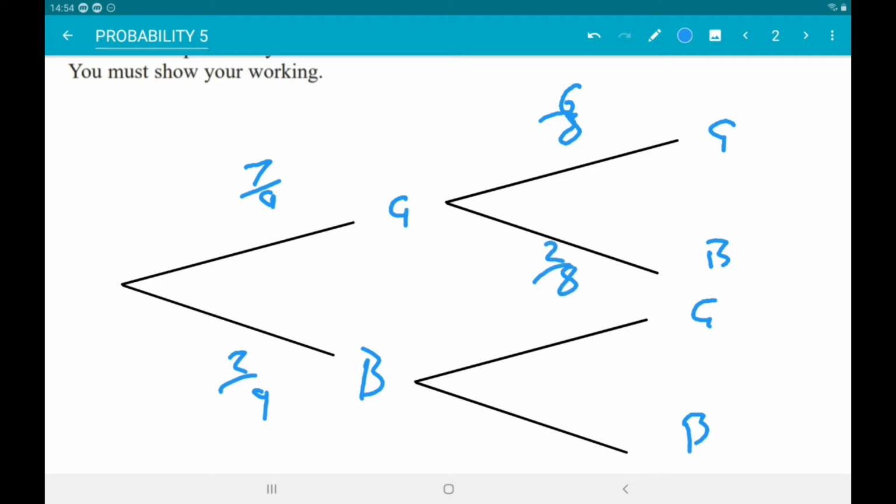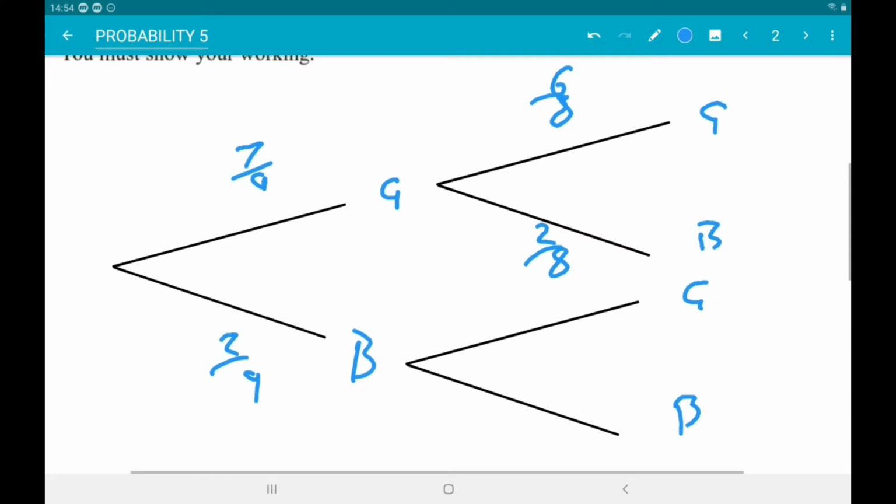Or, if she took a blue on the first one, then there's 7 out of 8 green, and 1 out of 8 blue.